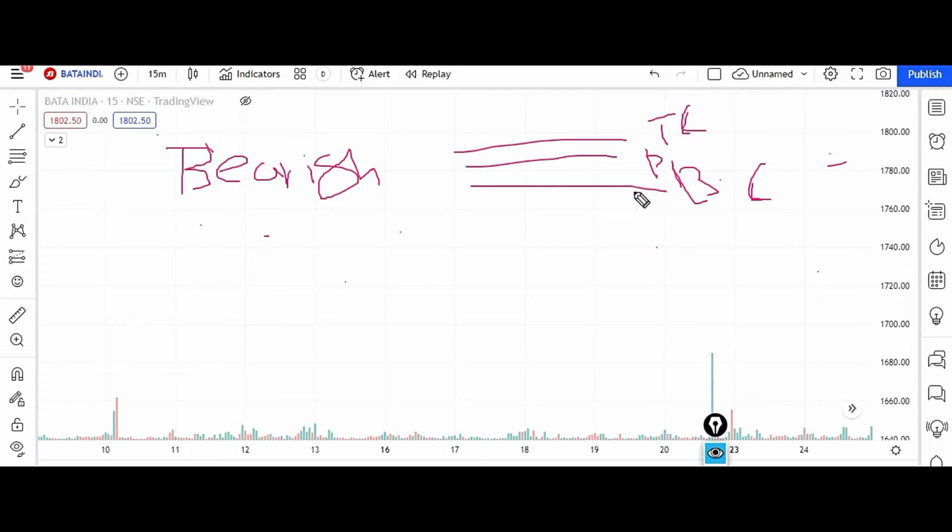That means there is bearishness in the market. If the price opened here, came to this level and was rejected at this level, then it is giving good resistance for the price. It means the price is still bearish, so this works as a resistance.